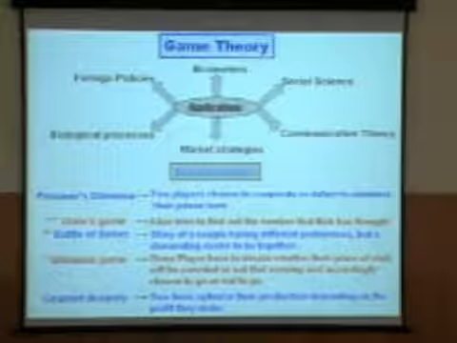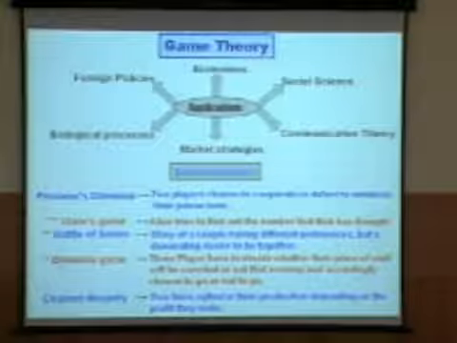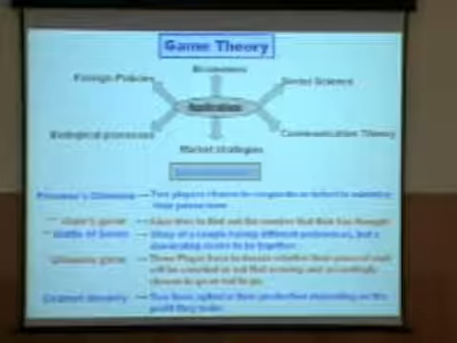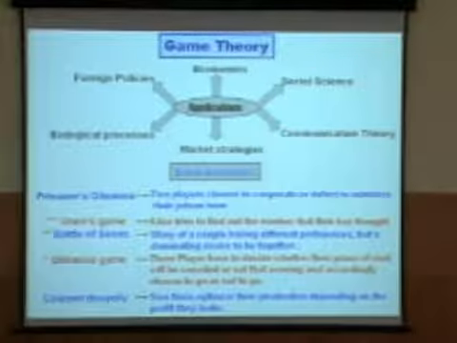Williams game is this game that I will talk about now, that Alice tries to find out the number that Bob has thought of. And this is a very interesting game you can play with children.